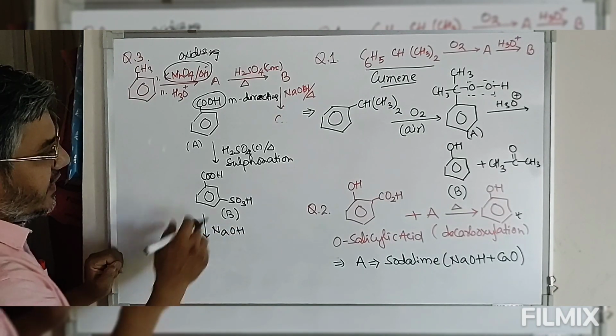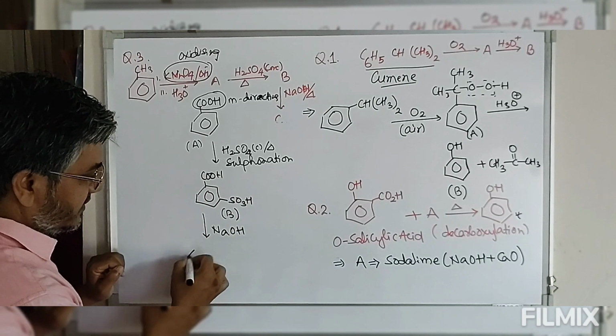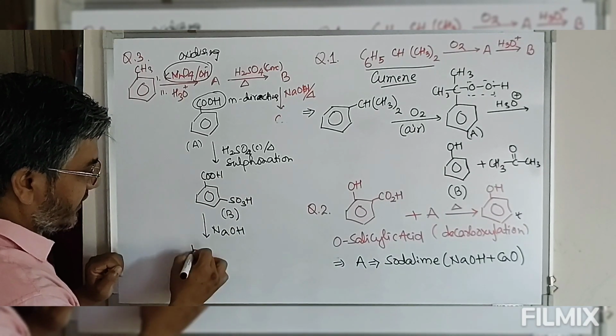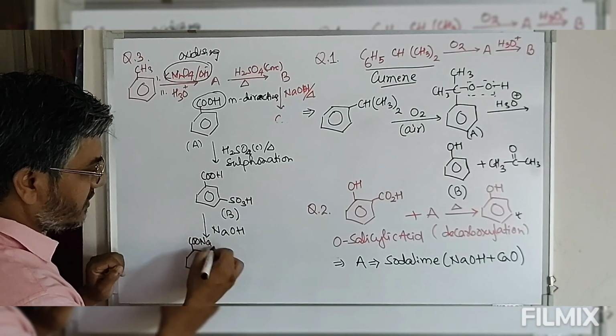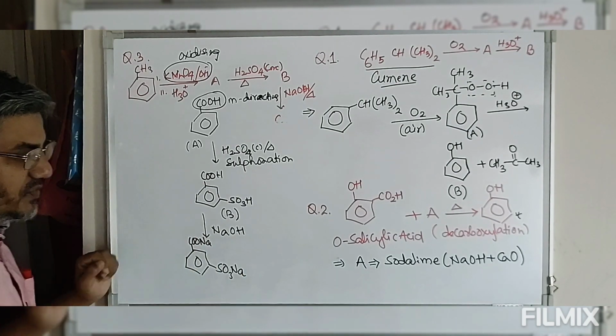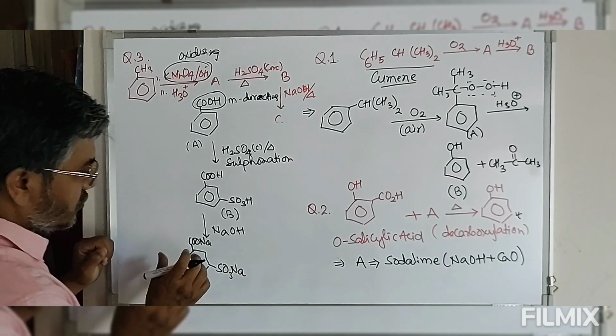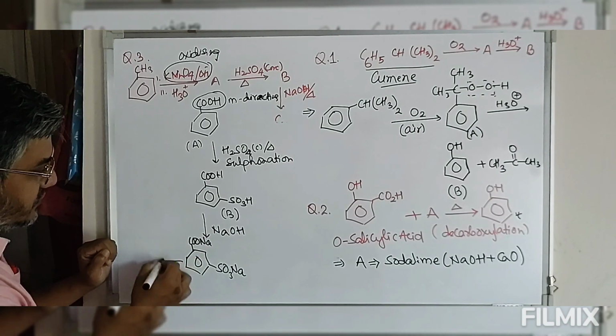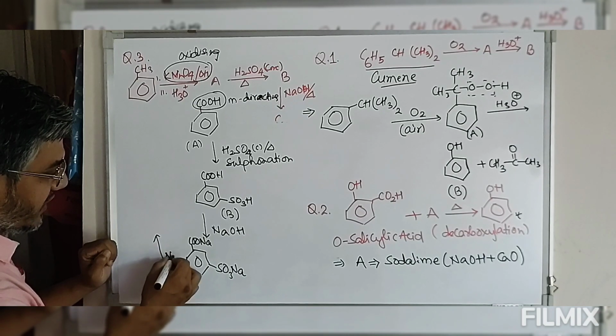So first we have to look at this acidic group. This acidic group on reaction with sodium hydroxide is converted into sodium salt. So simply this is an acid base reaction. Now this sodium salt is further heated with sodium hydroxide.